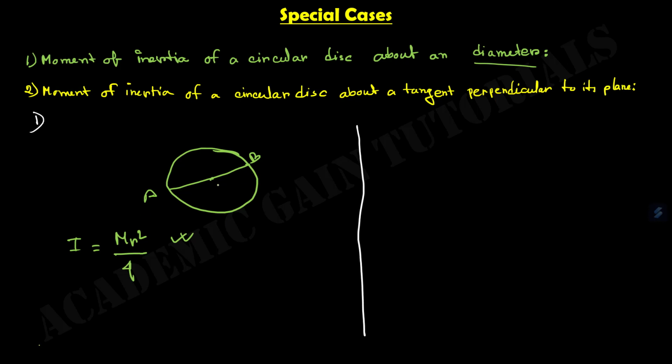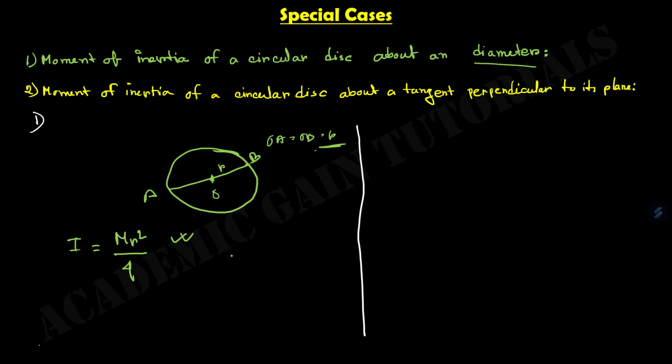As this is a circular disc and the axis lies on the diameter, the moment of inertia I will be m r square by 4, where m is the mass of this disc and r is the radius. R is the radius from point O to B, or OA equals OB equals R.